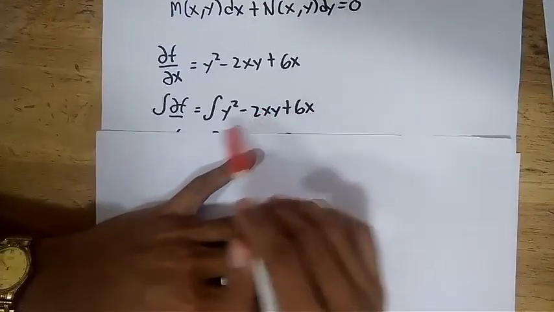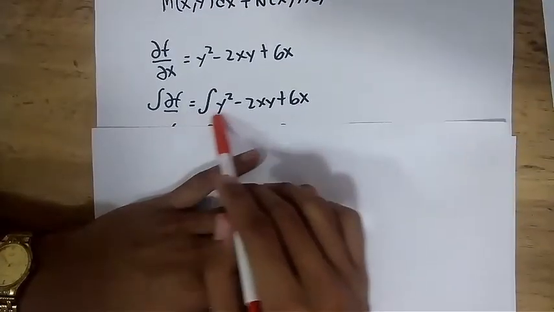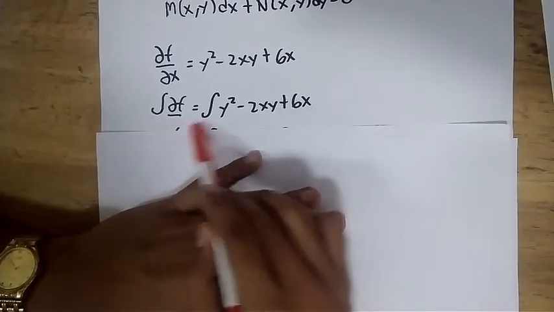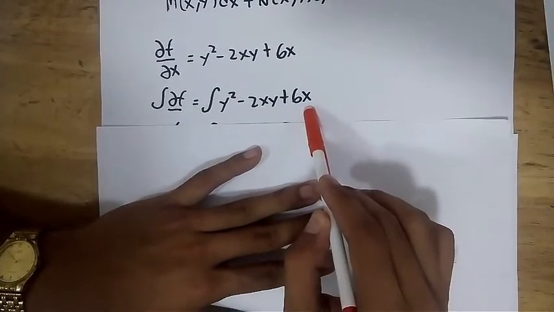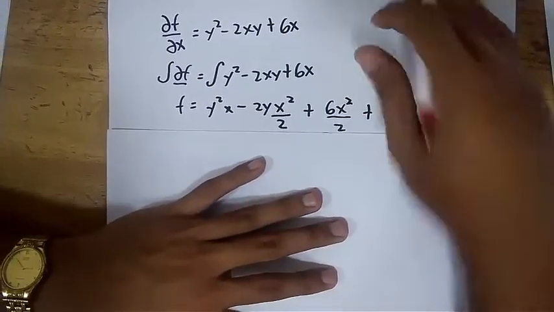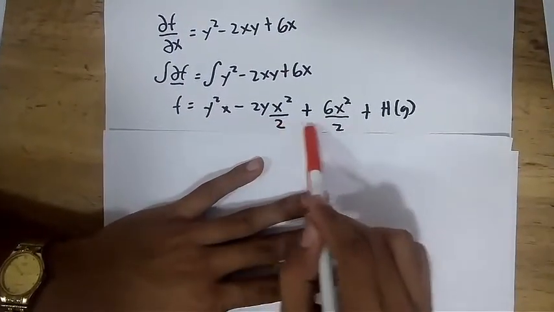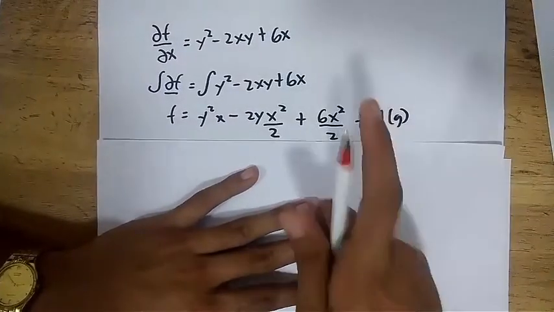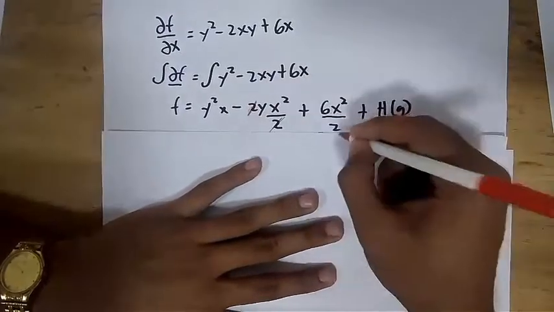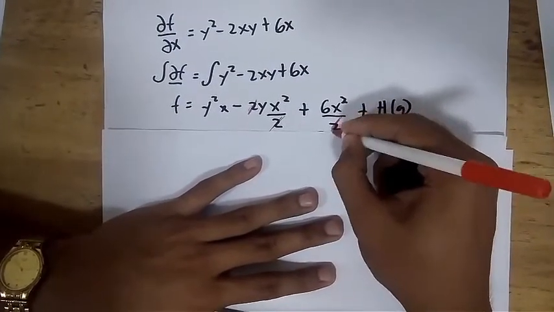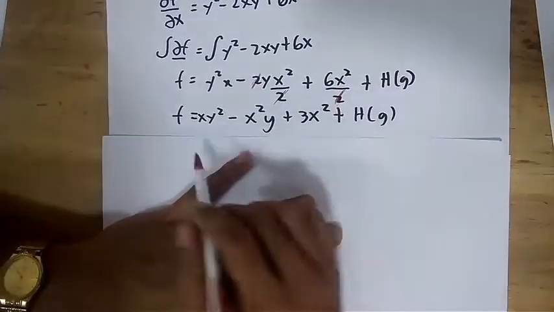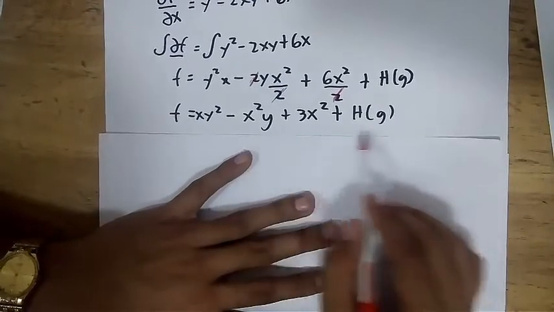So the integral of the partial derivative of f equals the integral of y squared minus 2xy plus 6x, which is f equals y squared times x minus 2xy times x squared over 2 plus 6x squared over 2 plus a function h of y. So we could cancel some numbers from the given.